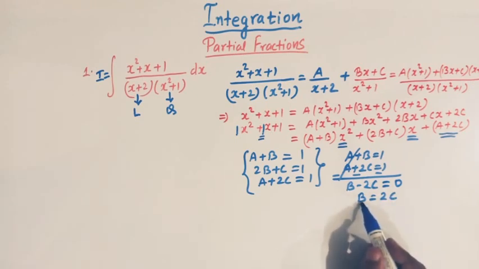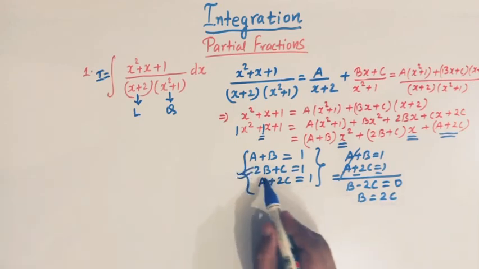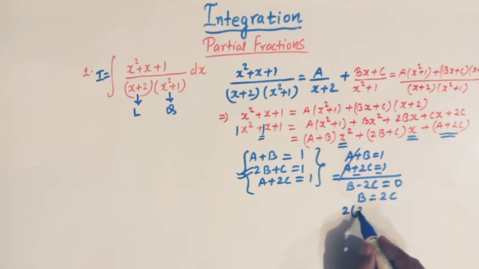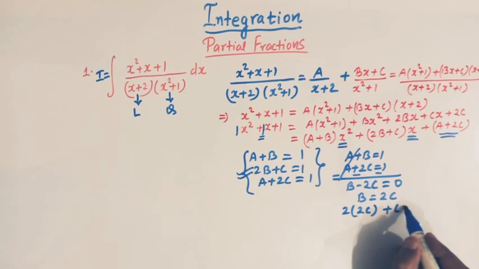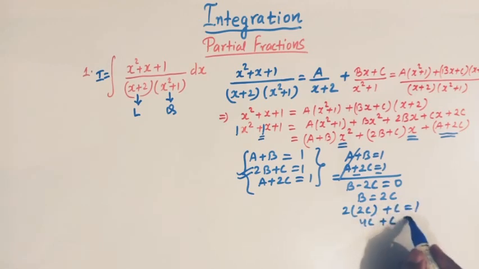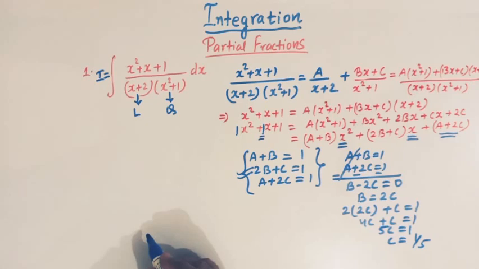If we substitute this value in this equation, then we have 2 times 2c plus c is equal to 1, so this is 4c plus c equal to 1, 5c equal to 1, c is equal to 1 over 5, right?